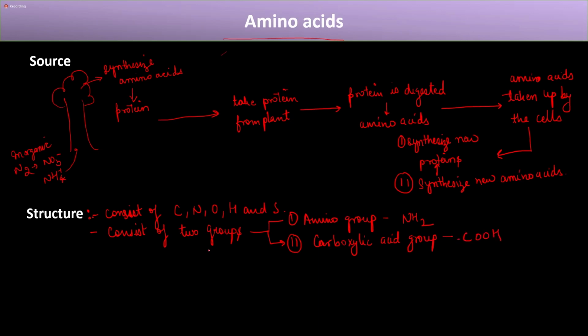So in the structure of amino acids, you will see two groups, the amino group and the carboxylic acid group. Now, the important thing is that amino acids are called substituted methane.